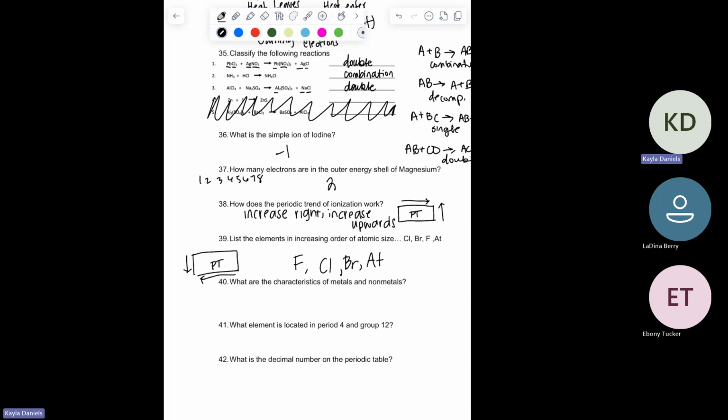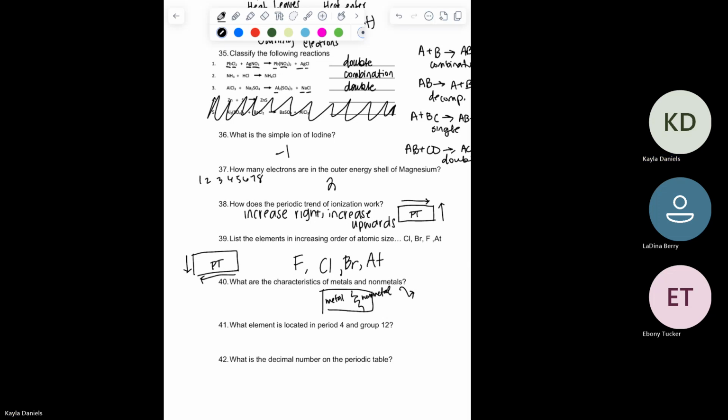All right, characteristics of metals and nonmetals. If we have our stair step here, metals are over here, nonmetals are over here. This is a periodic table. Nonmetals are malleable. No, I'm sorry, they are not malleable.